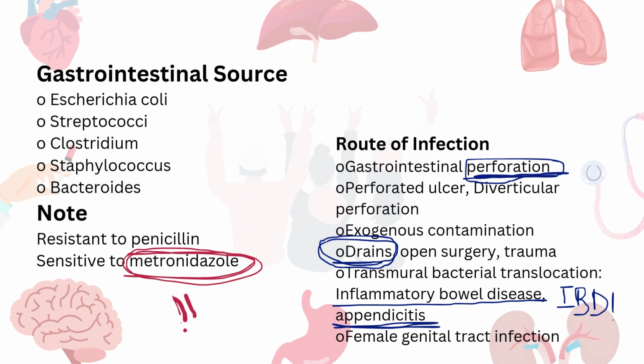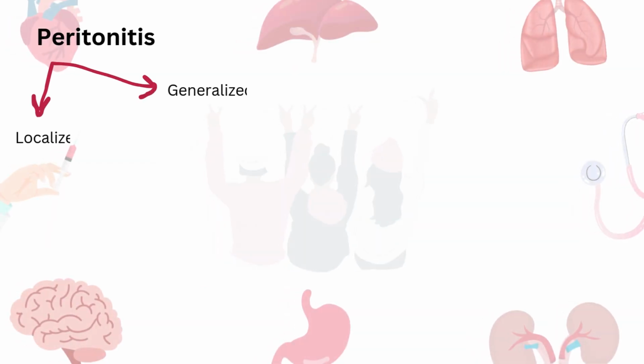The bacteria travel through the blood and enter into the peritoneal cavity, etc. Female genital tract infection, like PID, could lead to this problem, or hematogenous spread obviously could be the source of the peritonitis. Now, peritonitis can be divided into two forms based on the location of where the peritonitis has been produced. It could be divided into localized and generalized peritonitis.